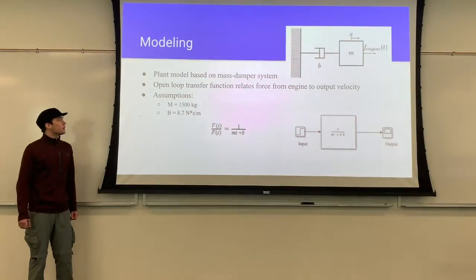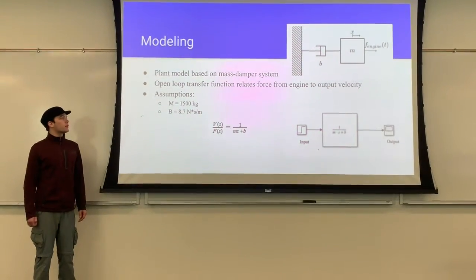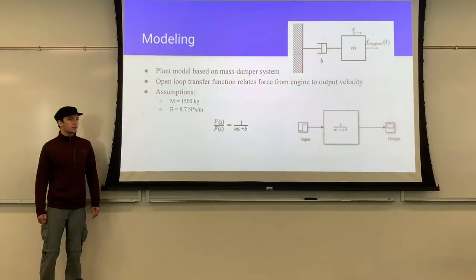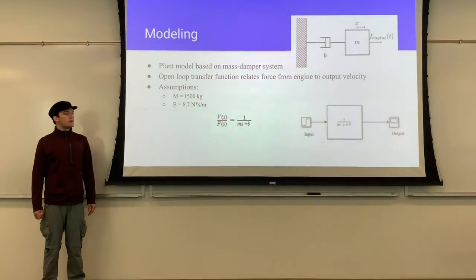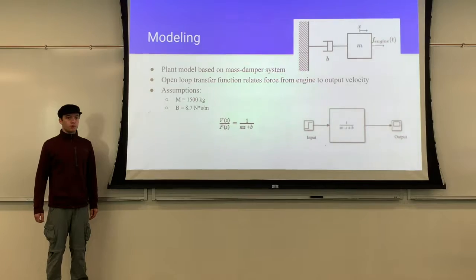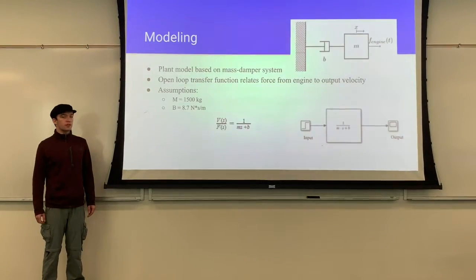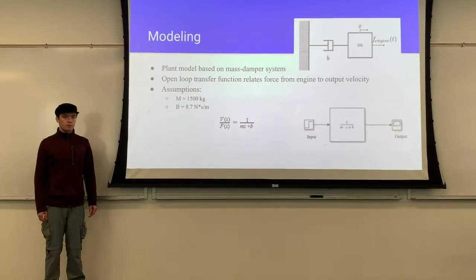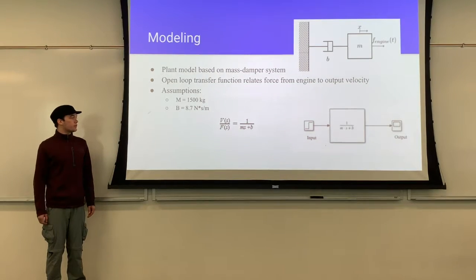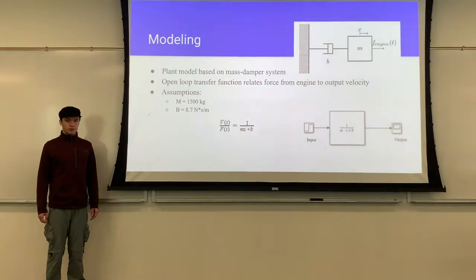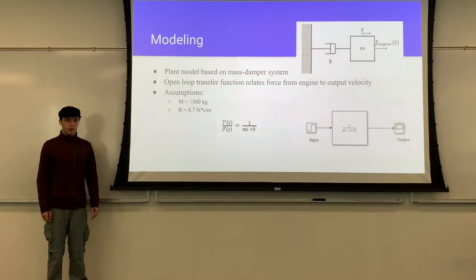Moving on to modeling, we derived this mass damper function with the mass of the car, the damper for the wind resistance of the vehicle, and a force for the engine. From this mass damping force diagram, we were able to derive this transfer function, which represented our open loop gain.